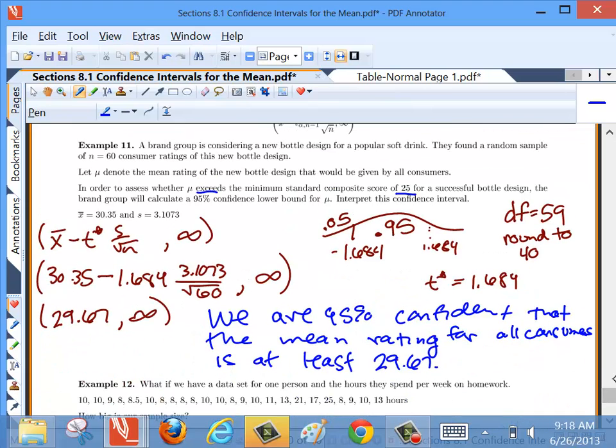So I guess questions on this part. If we used the other side of 1.684, it would give us the same answer, wouldn't it? Because we'd have the same critical value, but it might be different. So let's say you only wanted an upper bound for the same problem.